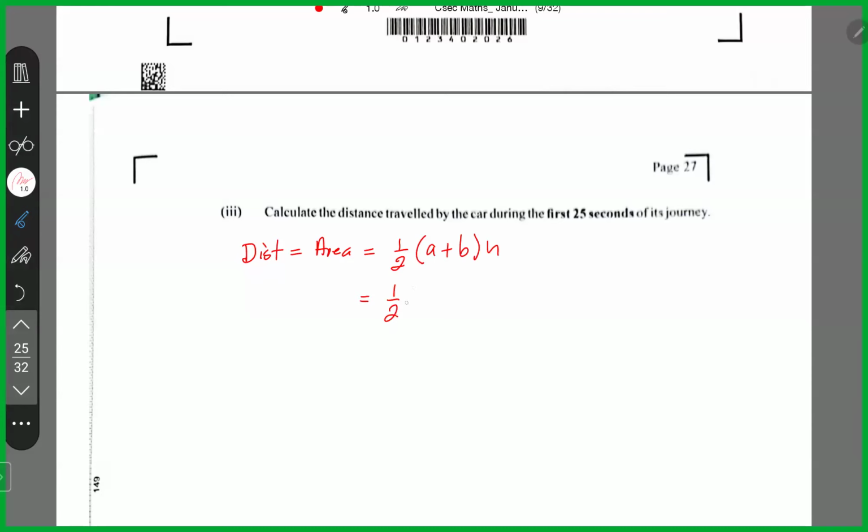So that's a half 10 plus 25 times the height of the trapezium, which is 20. Well, a half of 20 is 10. So this is 35 times 10. The distance traveled in the first 25 seconds of the journey is 350 meters.